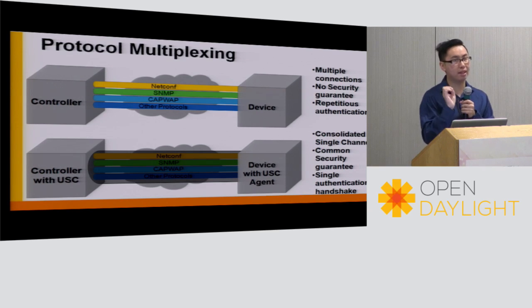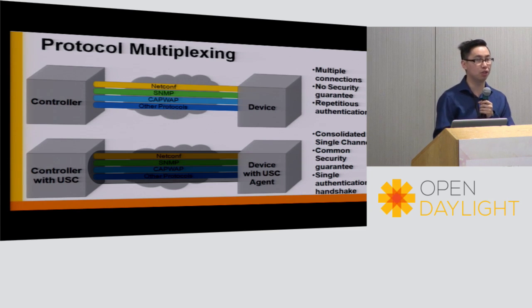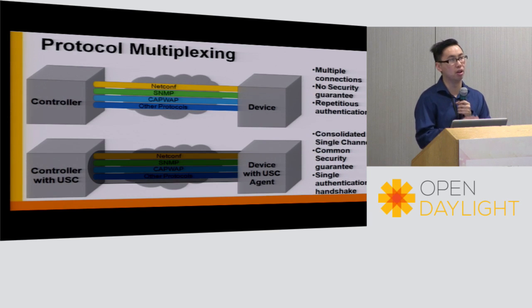Through that single channel, we would multiplex the communication for different protocols. So you may have Netconf, SNMP, CoAP, WAP, and in the future, when we support more IoT protocols, you would have all the IoT-related protocols like AMQP or whatever.